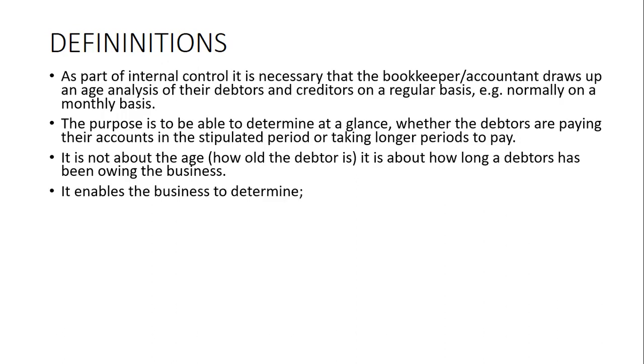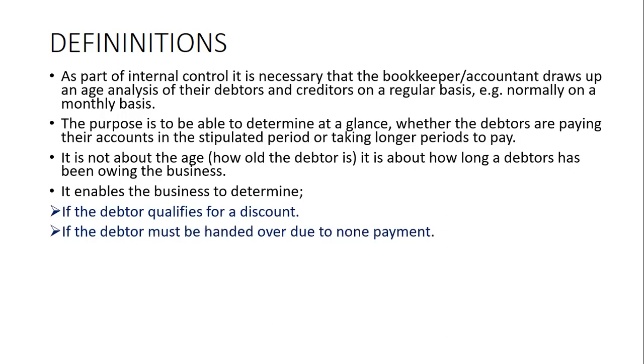It enables the business to determine the following. If the debtor qualifies for a discount, according to the business credit policy, and if the debtor must be handed over due to non-payment, those are the ones that didn't honor their obligations within a specified period.